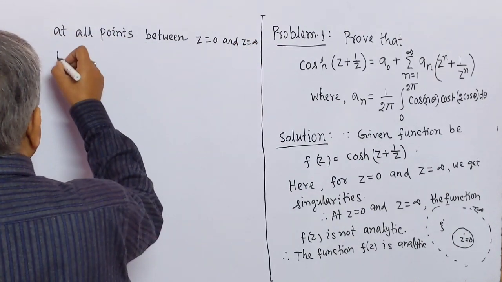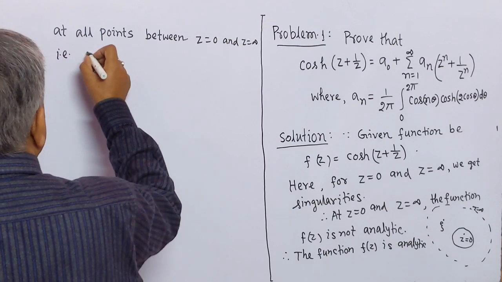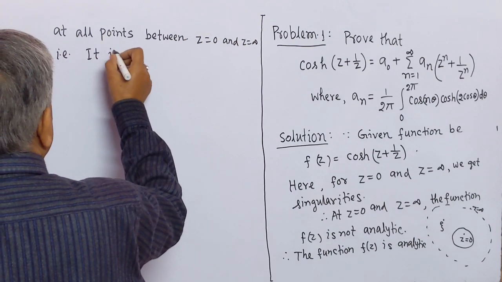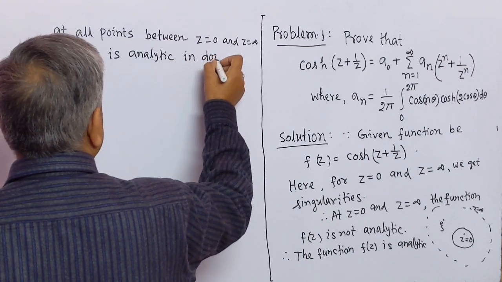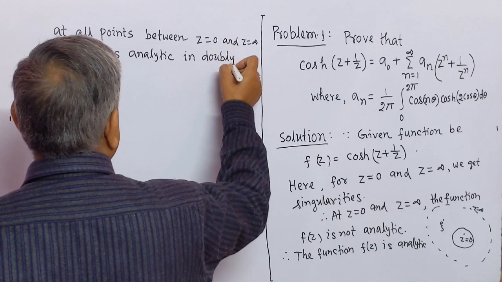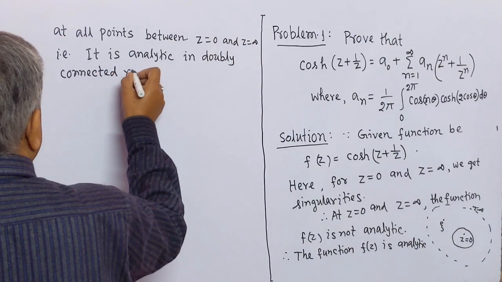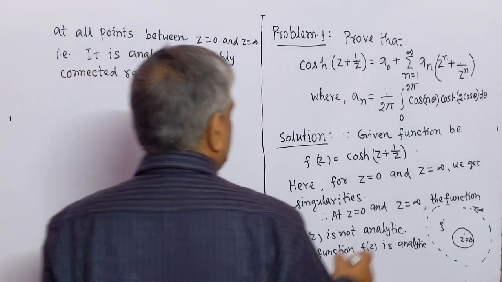That is, it is analytic in doubly connected region. Let this be number 1.